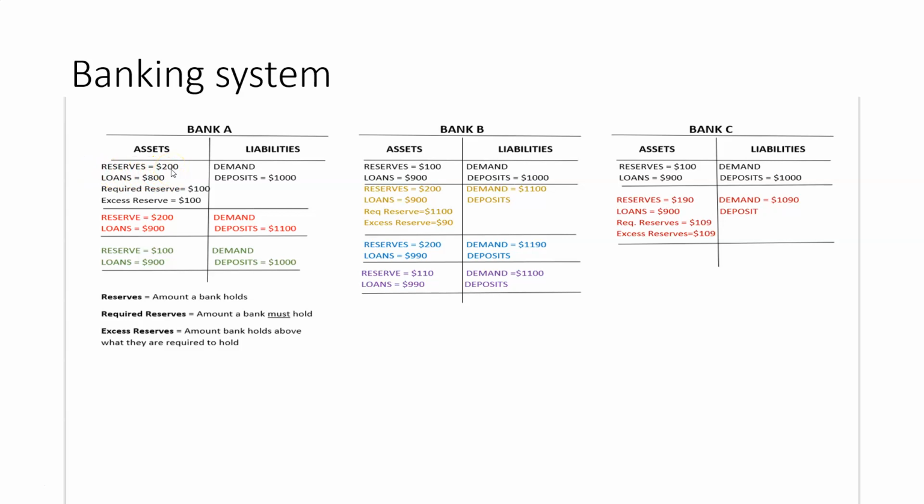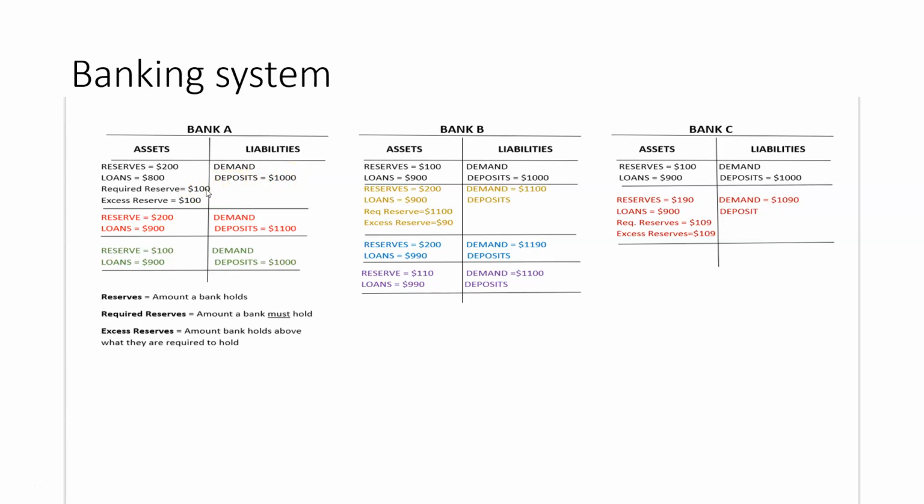Now, the bank in this case has $200. If the government or the Federal Reserve requires them to hold 10% of their demand deposits on reserve, then their required reserves are the amount they must hold. So if we break down this reserve account into two components, the required reserves, we see that 10% of demand deposits would be $100.